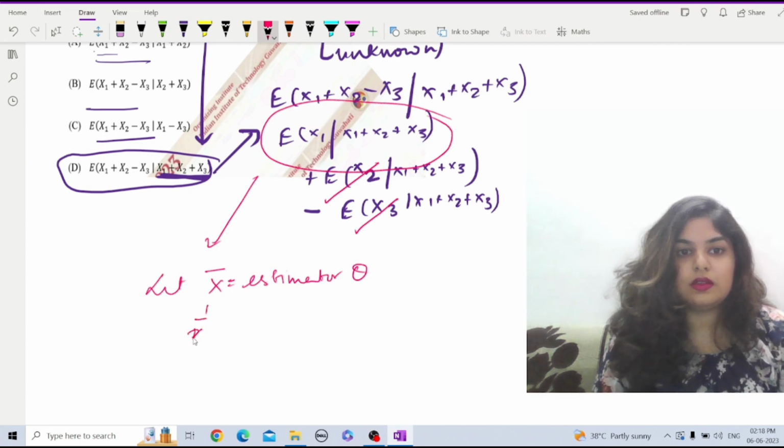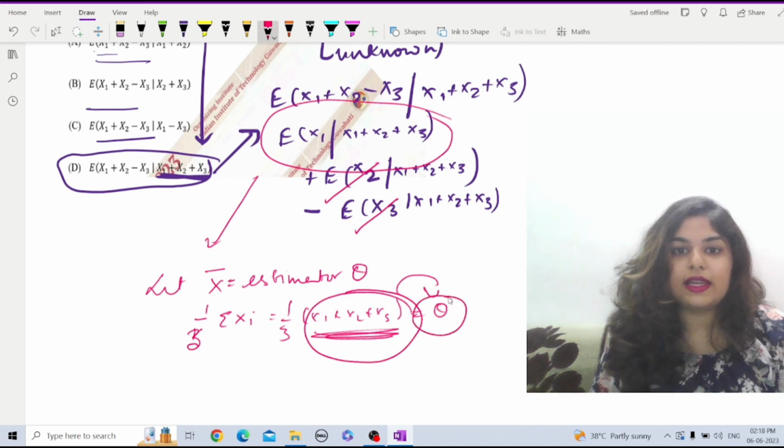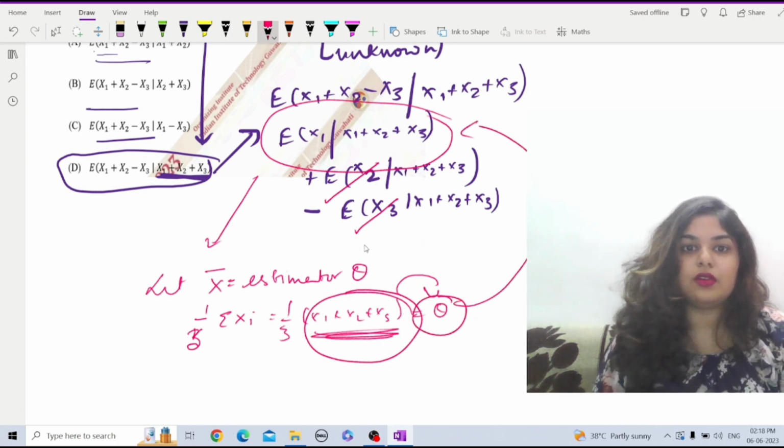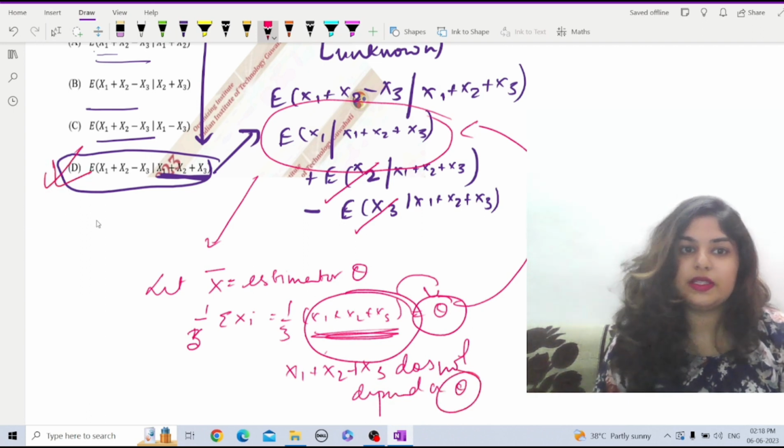That is basically 1 by 3 summation Xi, that is 1 by 3 times X1 plus X2 plus X3, which is equal to theta. So that means if I have the summation of these three, then I can actually find this value. So this X1 plus X2 plus X3 does not depend on theta, and I can say that this is the correct answer.